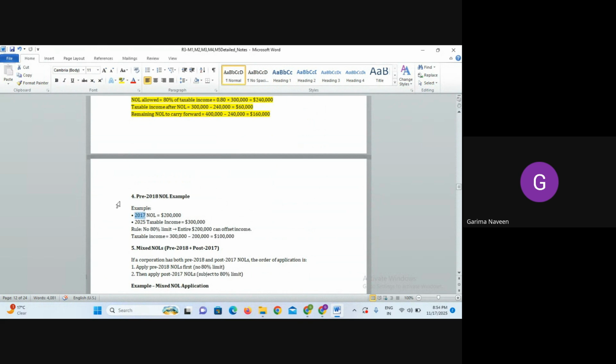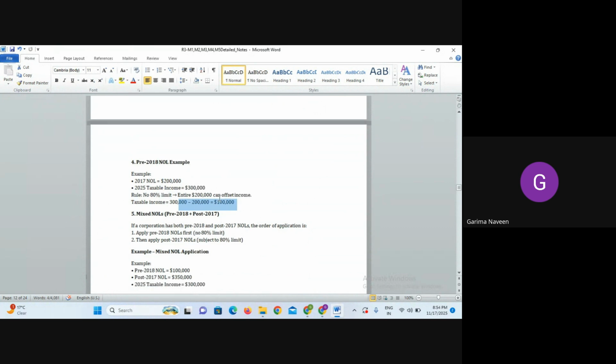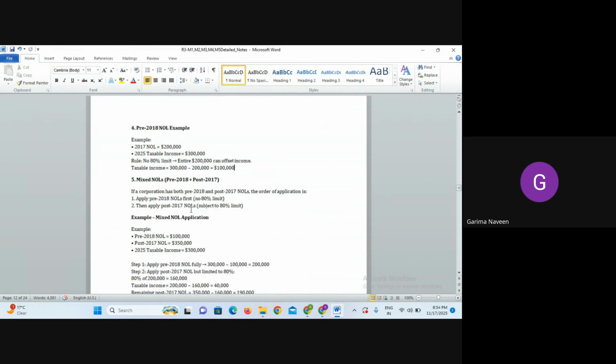Since you do not have any carryback income given here, you can carry forward to the next year and there will be no 80% limit. You can deduct this amount from your taxable income. Any doubt in this example?